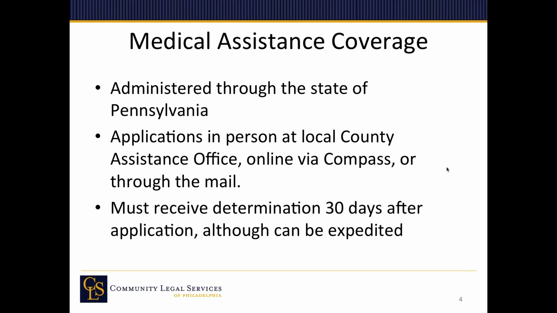The reason this group can purchase health insurance on the marketplace with subsidies is because their immigration status makes them ineligible for federal Medicaid. So they're shut out of Medicaid, but it's kind of a consolation prize. They can purchase insurance on the marketplace with subsidies.